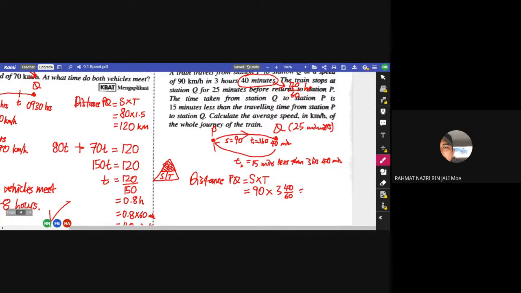Okay, and then you press your calculator, we get the distance PQ. So what is the distance PQ?